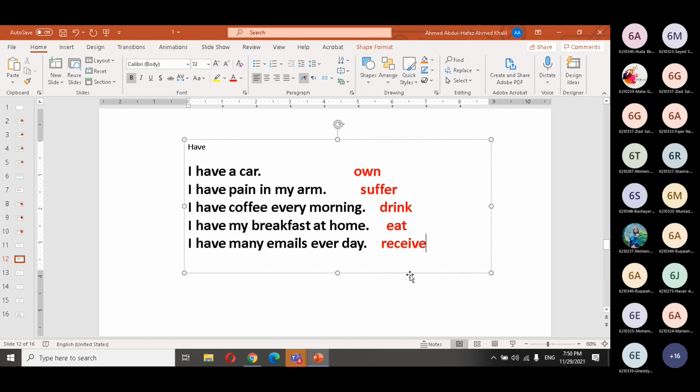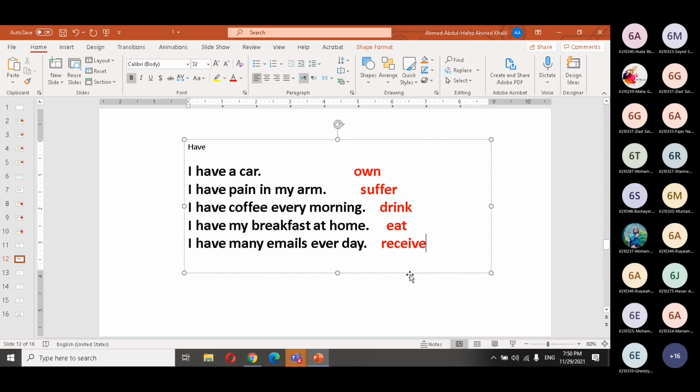اوكي. have معناه يمتلك، ده المعنى الاصلي. But in every sentence it can give a different meaning depending on the meaning of the sentence. Like when you say, I have a good salary.